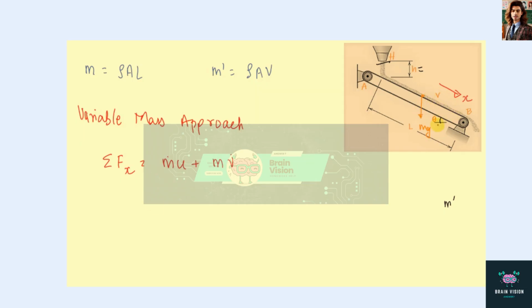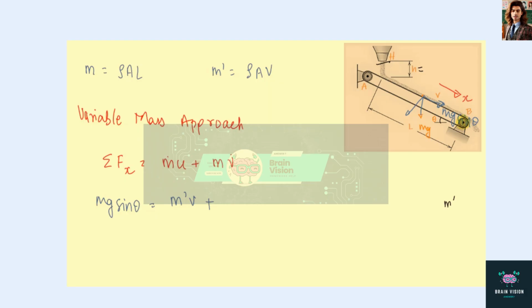This angle is theta, so we can take the component, and this component would be mg sine theta. So in x direction we have mg sine theta, and it will be equal to m dot, we have m dash given in the equation, u here is the relative velocity which is v here, plus m v dot.